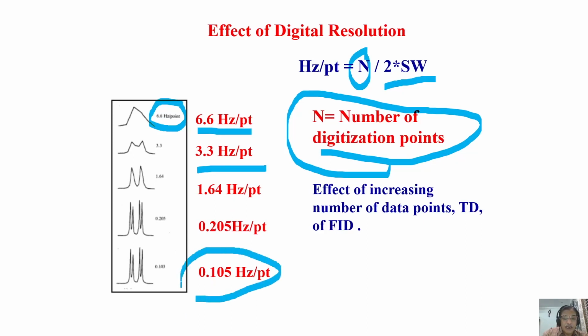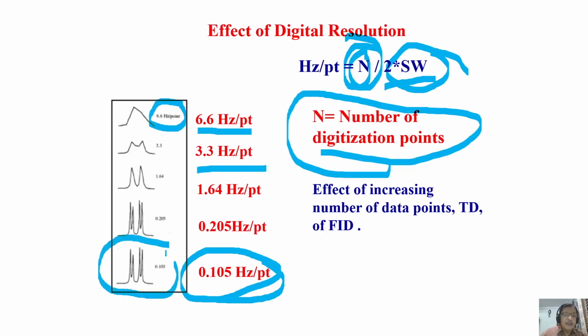Come to 0.105 hertz per point by playing with the number of digitization points or the spectral width. Reduce the spectral width or increase the number of digitization points, the size of the memory. In which case, what you would have seen with poor resolution as a broad hump, now you will see as a doublet of doublets.